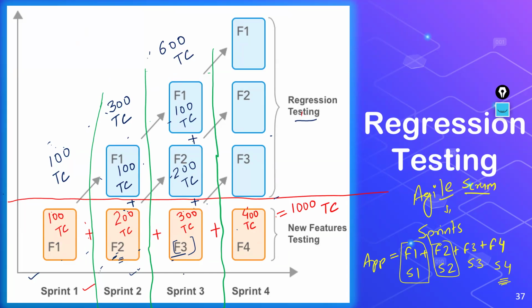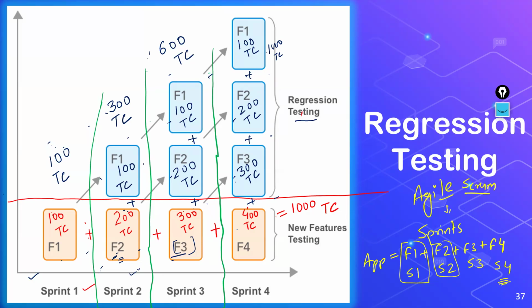Similarly, in sprint number 4, because a new feature is implemented, just to verify that the previously implemented features are working fine, we will verify all of these again by executing their respective test cases. And when you add all of this, it would come to 1,000 test cases.